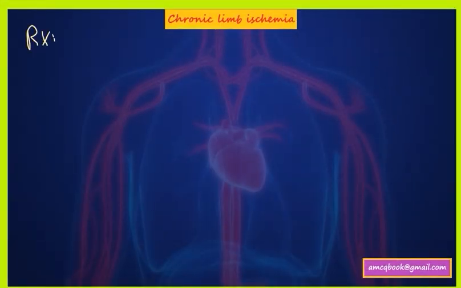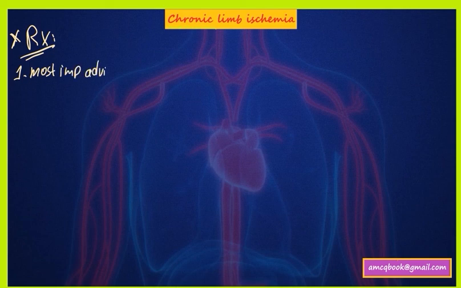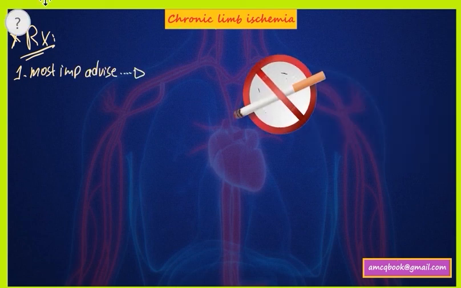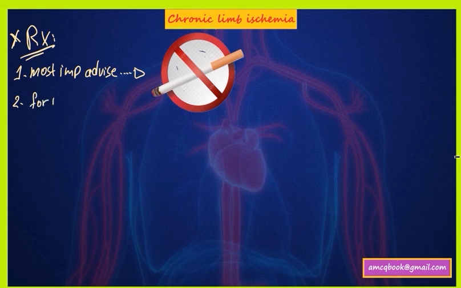For the treatment, the most important advice to any patient suffering from chronic limb ischemia is: stop smoking. Please stop smoking. If the main complaint of the patient is the pain, the treatment of choice here will be a gradual exercise program.